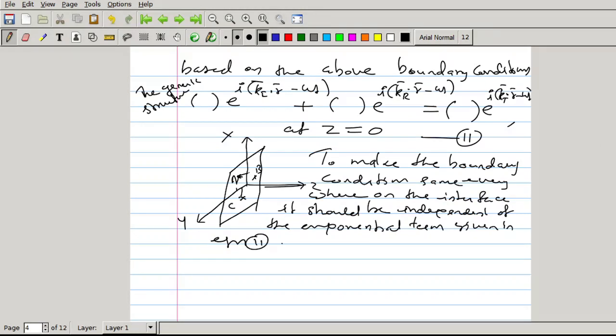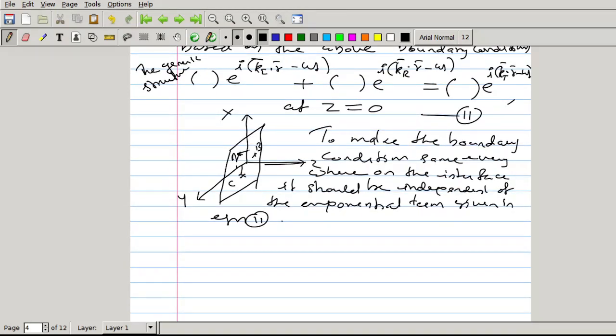So the exponential terms should be equal.